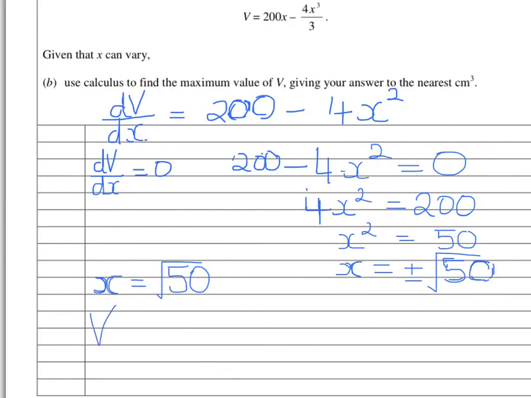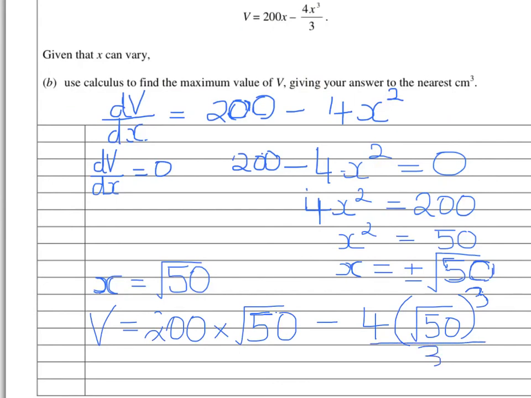So V equals 200 times root 50 minus 4 root 50 cubed over 3.